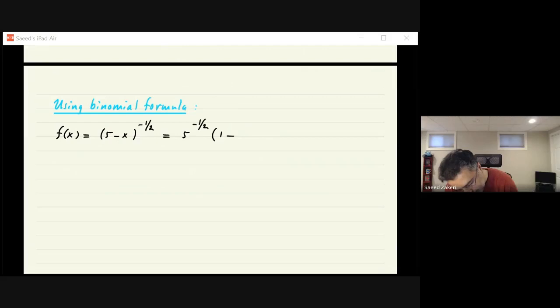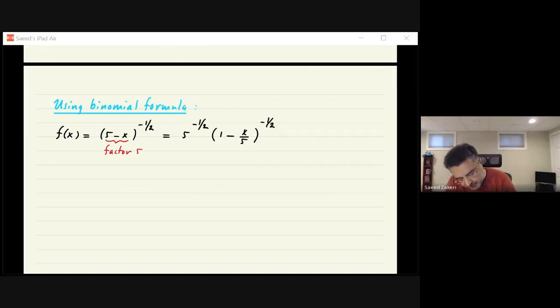1 minus x over 5, to the power minus 1/2. Do you see that? So here, I have factored 5. If you take the 5 out, what's left is 1 minus x over 5. And then 5 to the power minus 1/2 will come out.